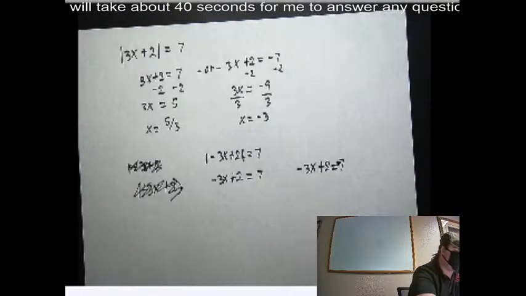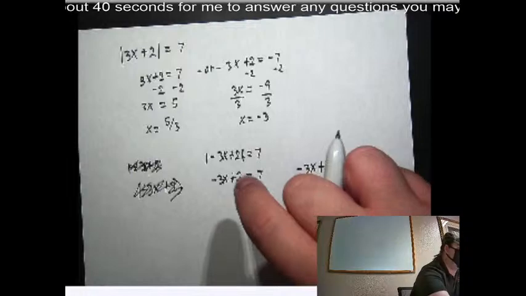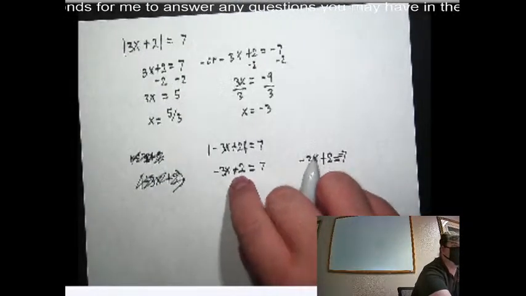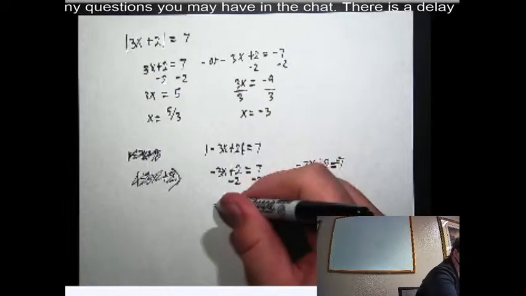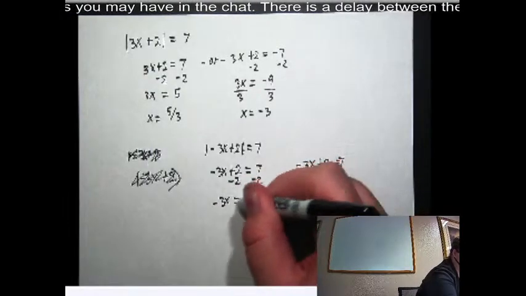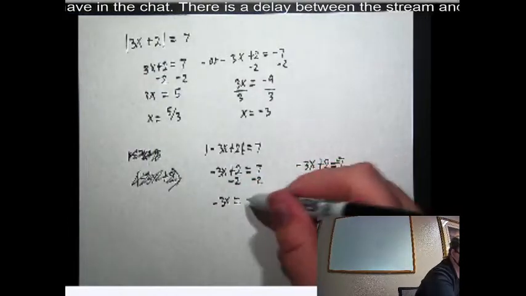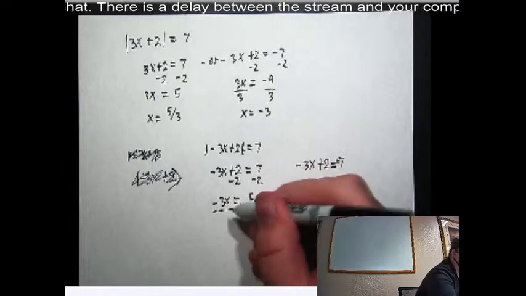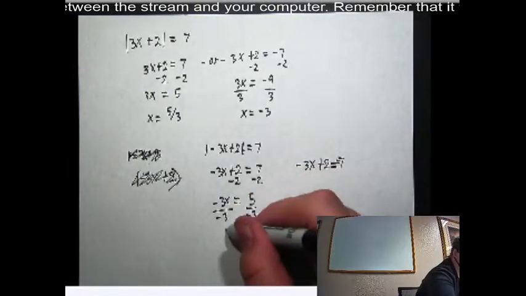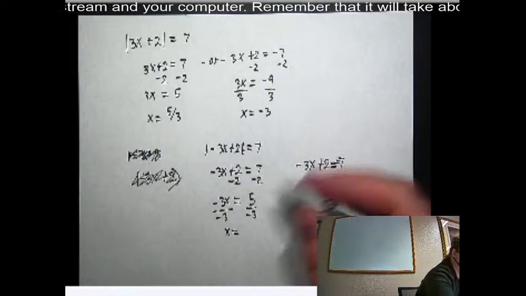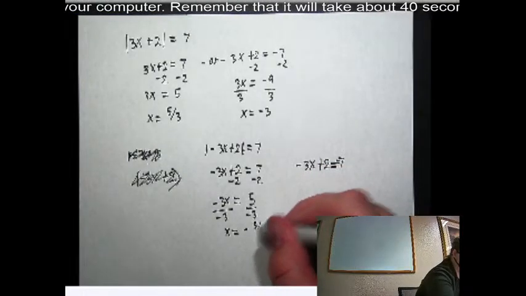Okay, so solve. Subtract 2 from both sides, right? That's going to give us negative 3x equals 5. And then divide by negative 3. We get x equals negative 5 over 3.